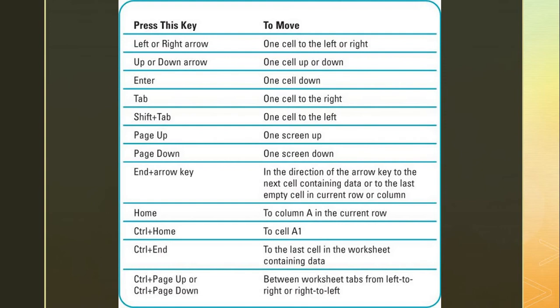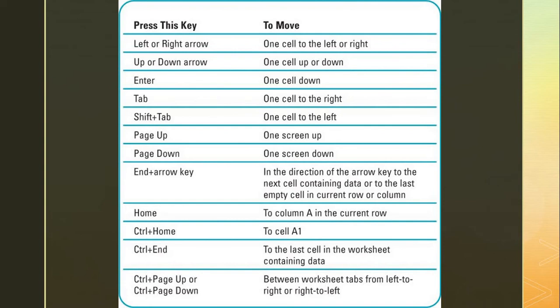By using these arrow keys, you can shift from one cell to another cell in the right or left direction. Similarly, up and down arrow key. By using these keys, you can move one cell up or down. Next is enter key. The enter key is used to move one cell down in a row.